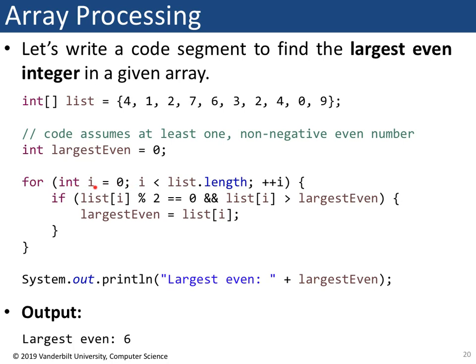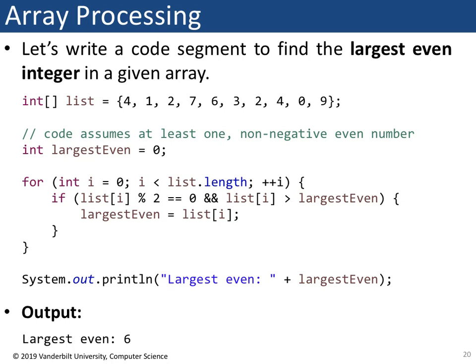So our count variable I we will initialize to 0. Our test, we will say, is I less than list.length. So this will process each element of the array independently, or individually. And then as update, we're just going to increment I at the end of each loop.